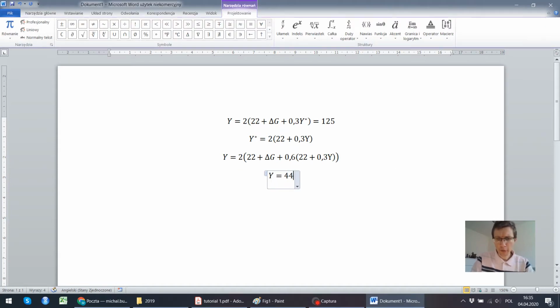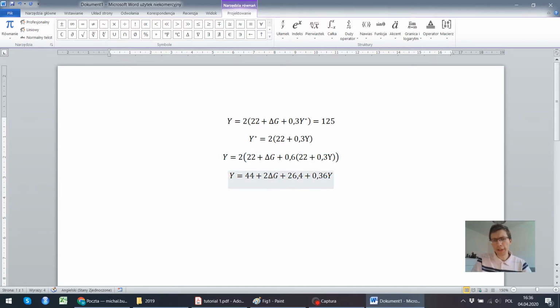On the right hand side we have 44 plus 2 delta G plus 0.6 times 22 times 2. So I'll just take it from my notes. It's 26.4 plus 0.6 times 0.3. This is 0.18 times 2, 0.36 y.